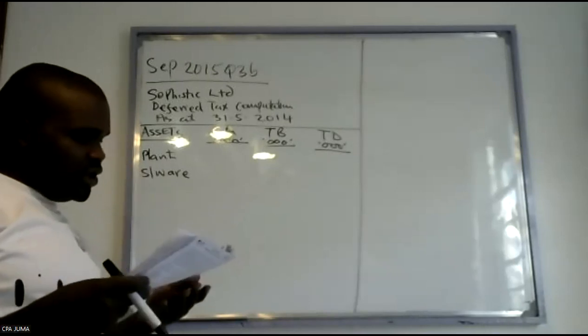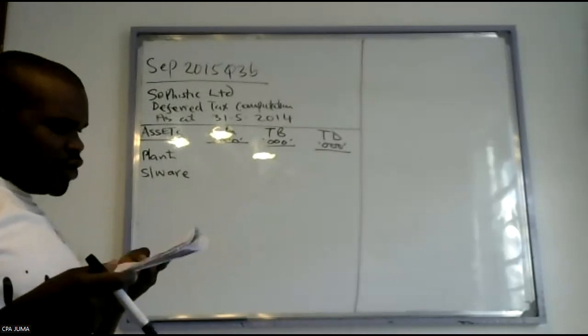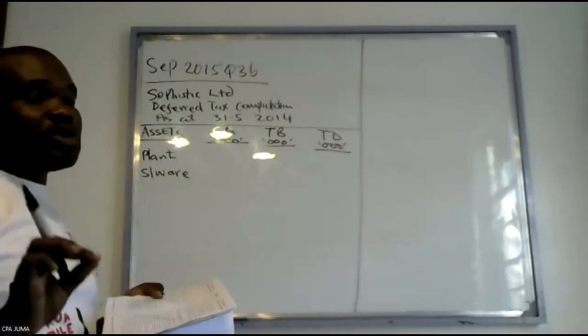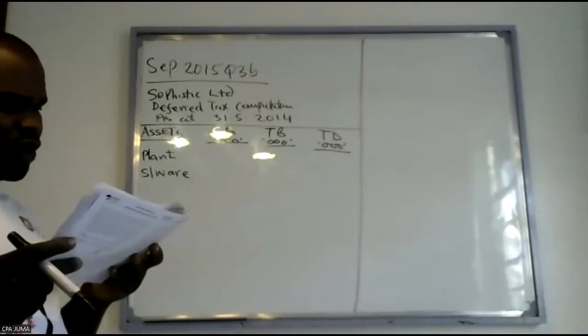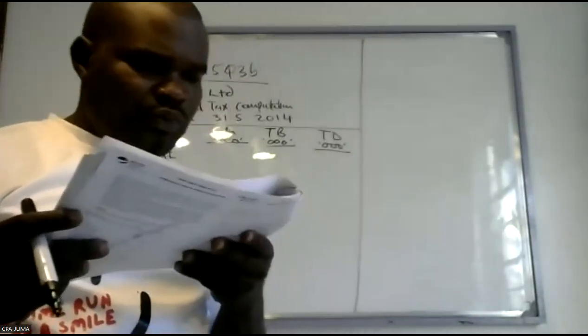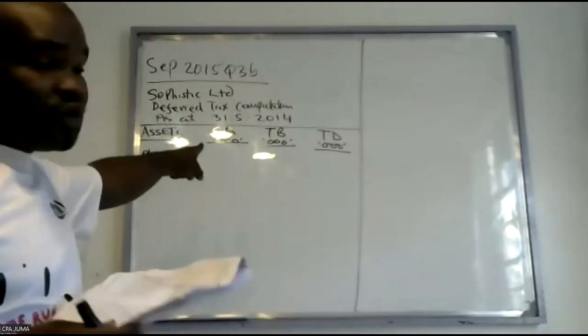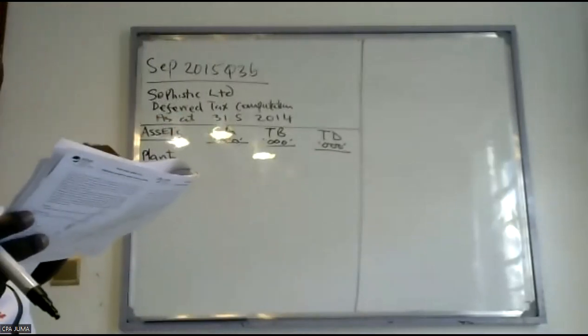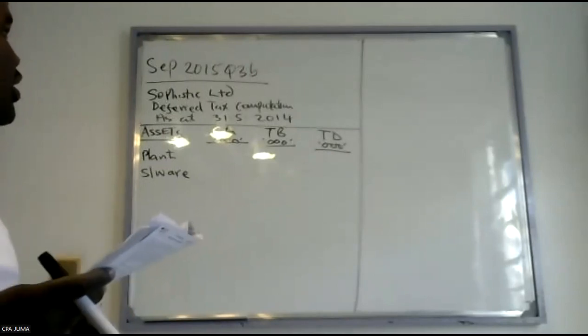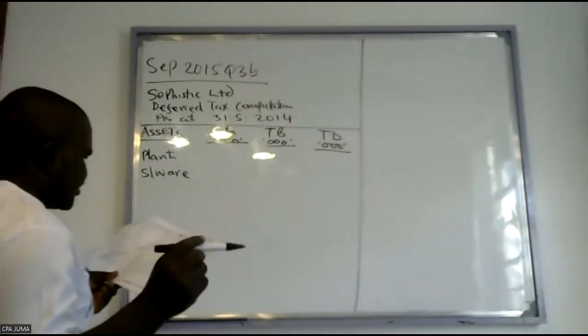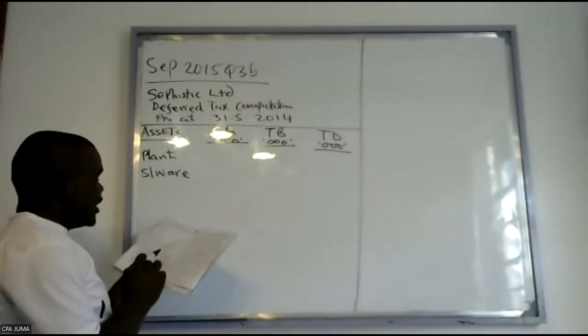So for 2014, the cost, check additional information number 2. The cost was 32. To get the carrying amount, you subtract the accumulated depreciation. Accumulated depreciation was 19,200.